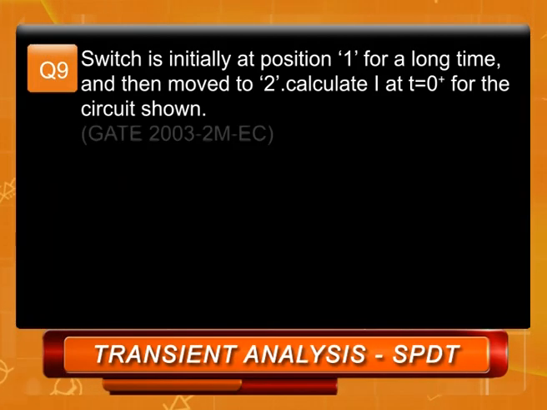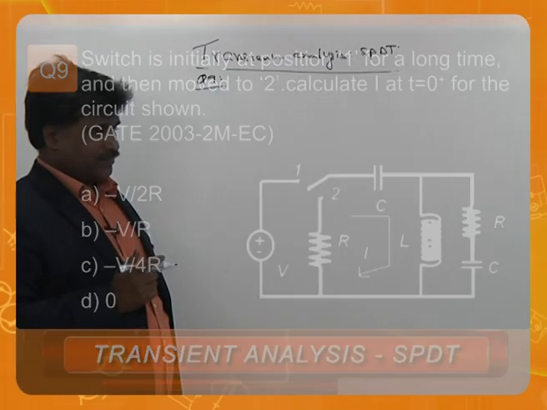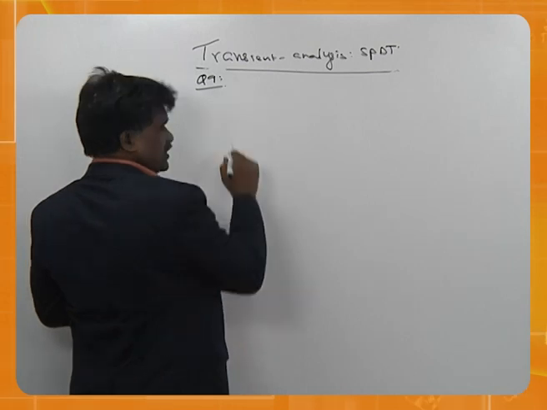Question number 9. Switch is initially at position 1 for a long time, then moved to 2. Calculate I for T0 plus, and you need to see what is that I. Look at here, this is given in the exam.